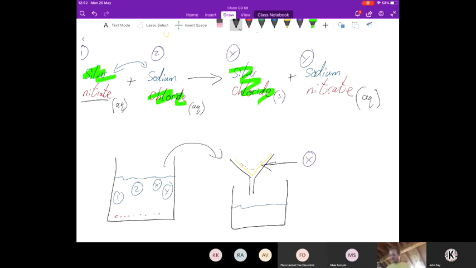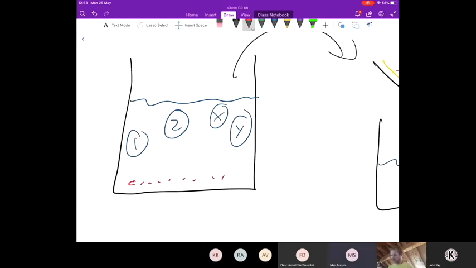So when we react 1 and 2 to form X and Y, there might still be some 1 and 2 left over. Does that make sense? So 1 and 2 would normally react to form X and Y, but there might be some 1 left over, there might be some 2 left over.